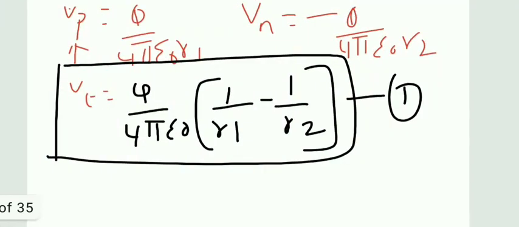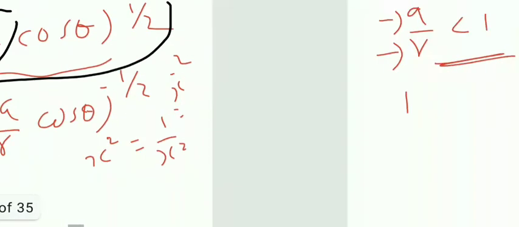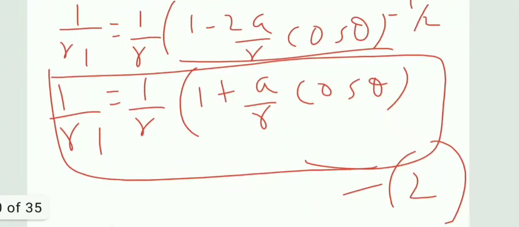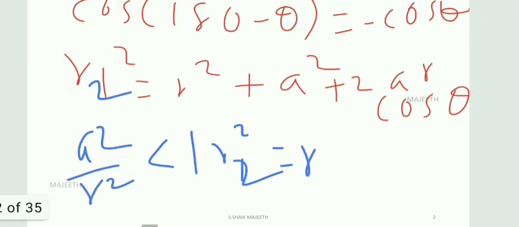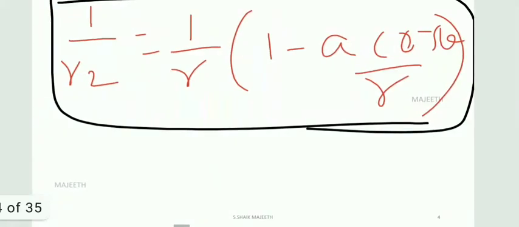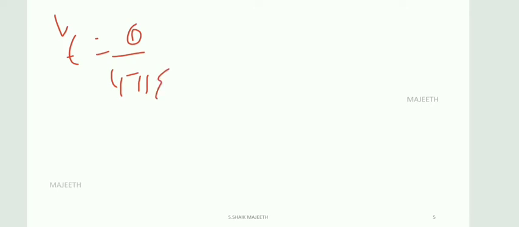The general equation is V total is q by 4 pi epsilon naught into 1 by r1 minus 1 by r2. 1 by r1 we found, 1 by r2 we found, so we substitute in that. So Vt is equal to q by 4 pi epsilon naught.